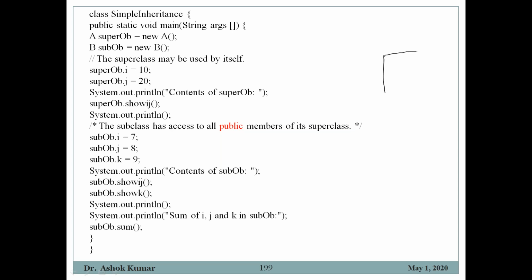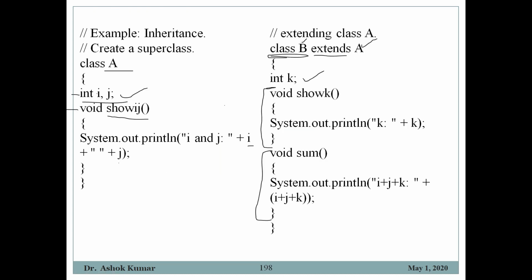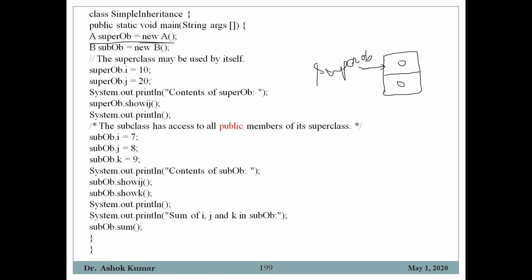This is the superclass object, having two members i and j, and its reference name is super ob. I'm going to write over here with the mouse, so bear with the handwriting.